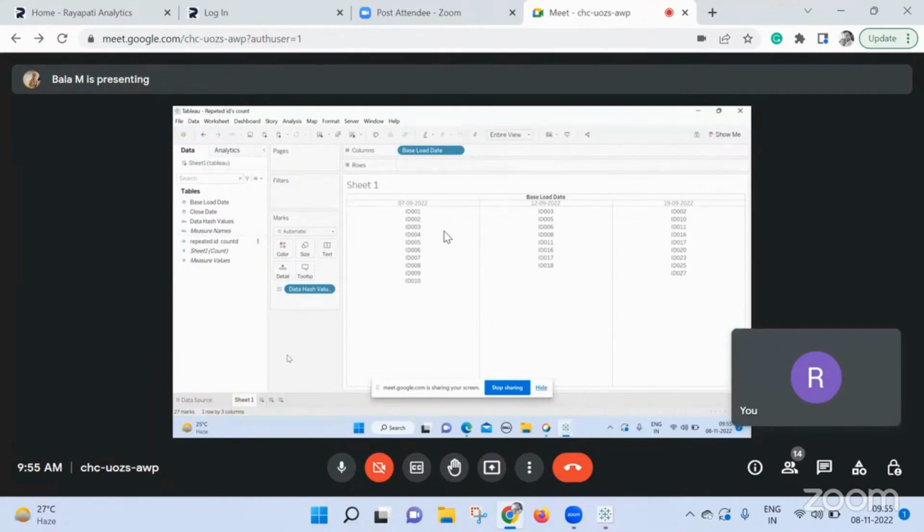Just I'm saying the IDs, but there are some data hash values. Those values are unique. Unique, but are they incremental? If they are incremental, and 10 is the end in the last week, then +1 will give me this week's value, right?